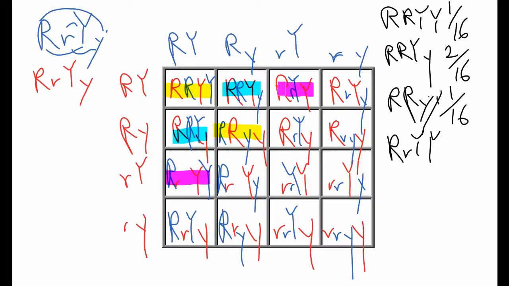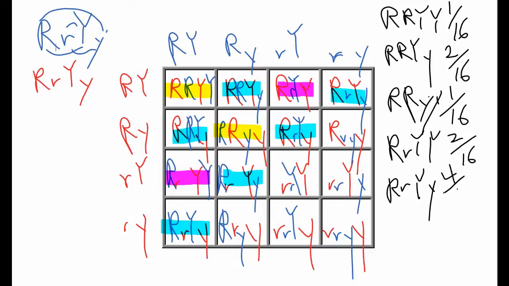We have 2 that look like that, so that's 2 out of 16. We have heterozygous for both. There are 1, 2, 3, 4 that look like that. So that's 4 out of 16. Now you could simplify these, but we're not going to right now. We're going to leave them just like that.